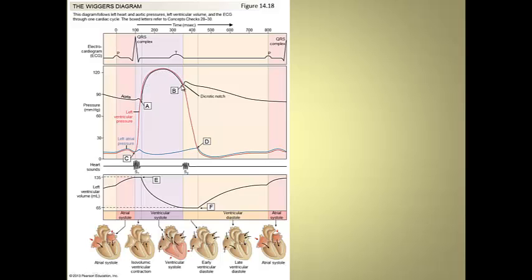So you can see we have a relationship of how blood is flowing, how pressure is generated, and hopefully you can figure out where valves are opening, where valves are closed, what's going on in each of the chambers of the heart. I'm certain we'll talk much more about this on Wednesday, but this is just going to be an introductory view of the Wigger's diagram here.